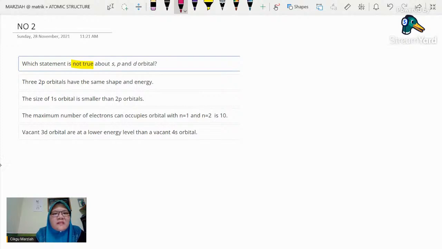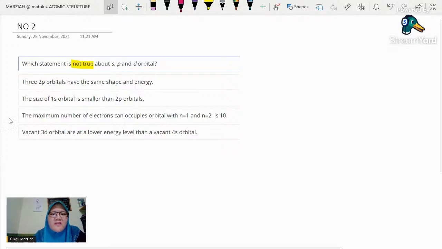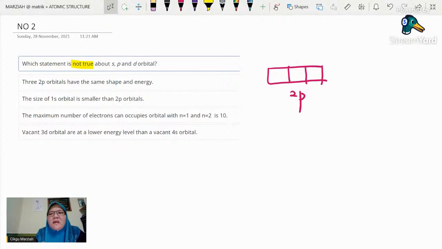So semua orbital p, 2p ke, 3p ke, bentuk dia sama, which is dumbbell, and it come from the same energy level. Kalau 2p tu, dia ada 3 box. This is 2p, so from the same energy level. Tapi kalau 2s, different energy level. So the first statement is correct.